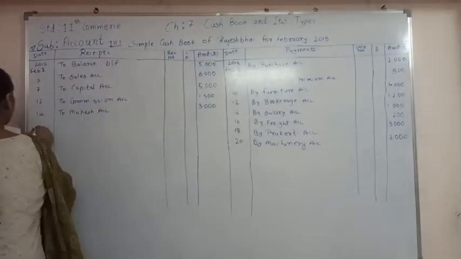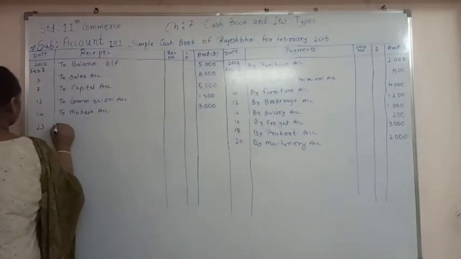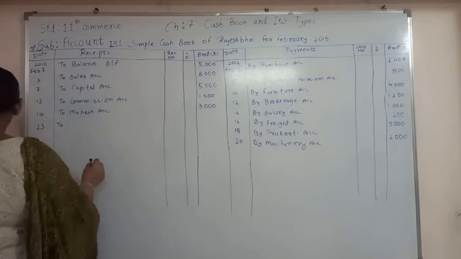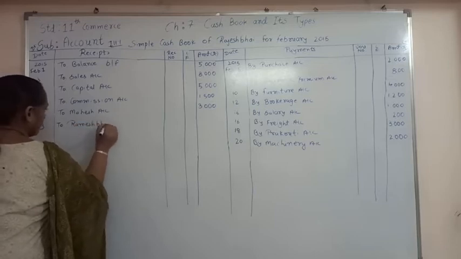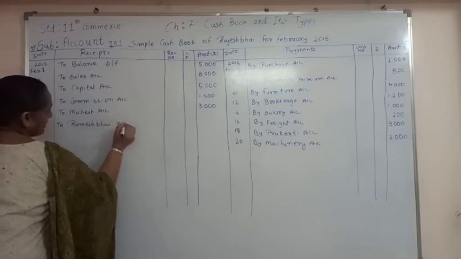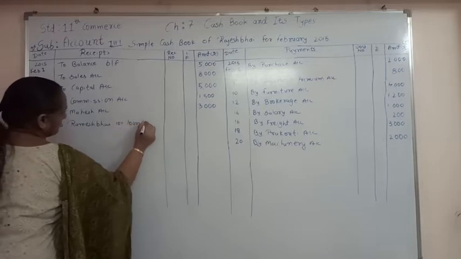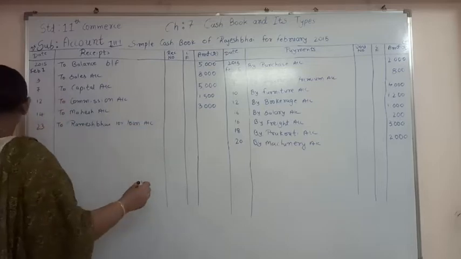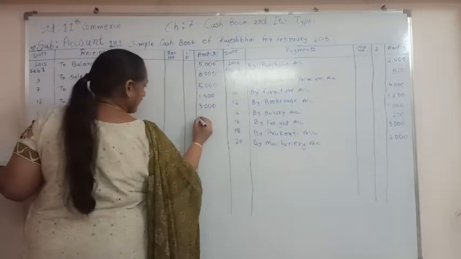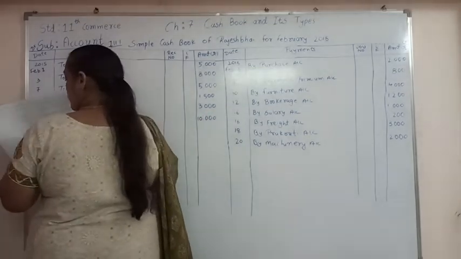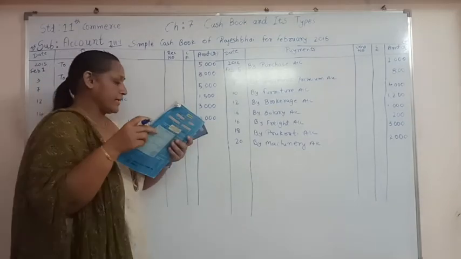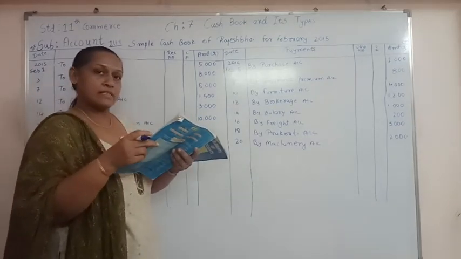So that will be recorded on the debit side to Ramesh Bhai's 10% loan account, and that will be 10,000. Now on 26, cash purchase of rupees 7,000.